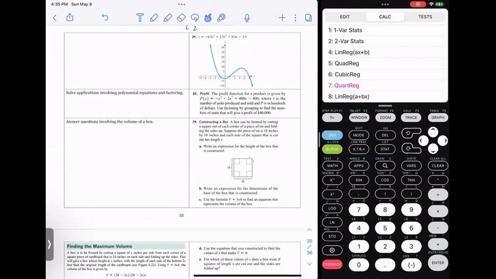What was that? Wait, is 39 the example problem? Page 36. No, that's a different problem. You look at the first couple pages of the packet. Yeah, by all means. Do that.